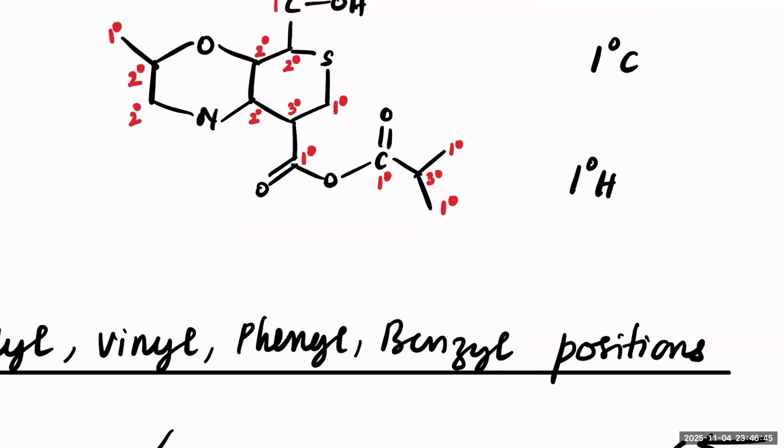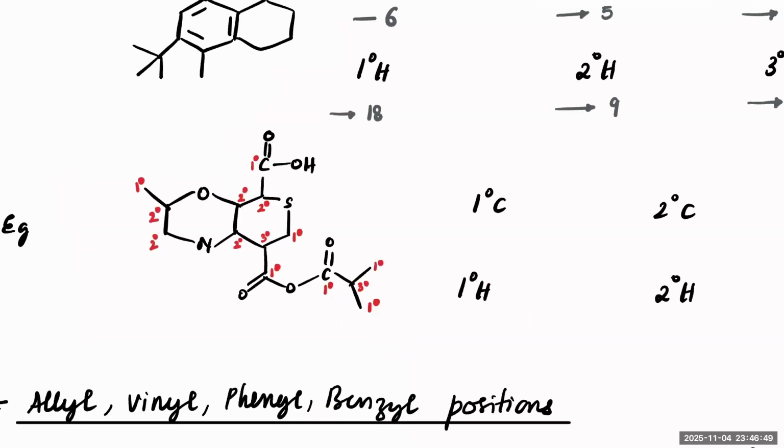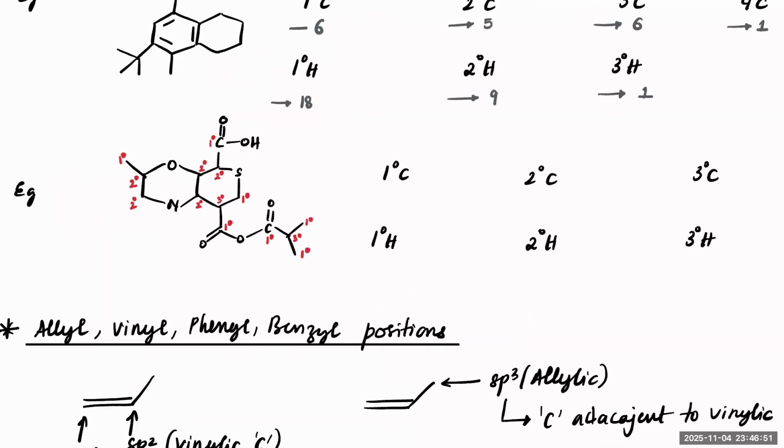Right. Putting that into the picture, now you'll notice how many carbons, hydrogens, and everything is present. So check out 1 degree hydrogens. If you figure it out here, we will get I think 18. Okay, clear? So 1 degree carbons, how many can we have? See, 1, 2, 3, 4, 5, 6, 7. Oh, I think we got 7.